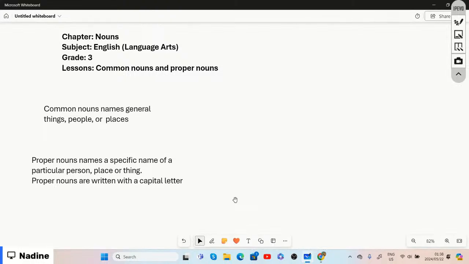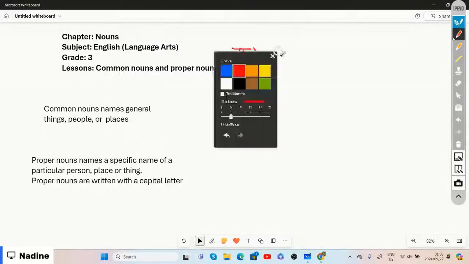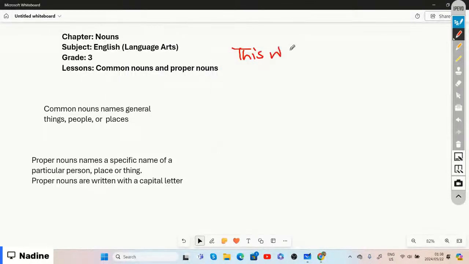All right. If I go to Canada and I say, this was my first visit to Canada, what is the proper noun within the sentence?